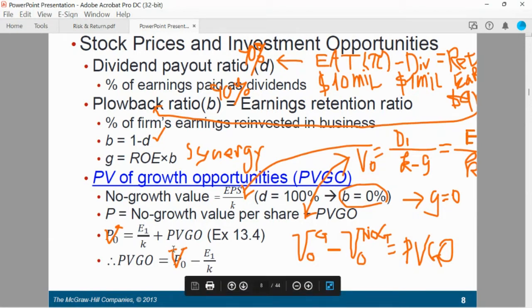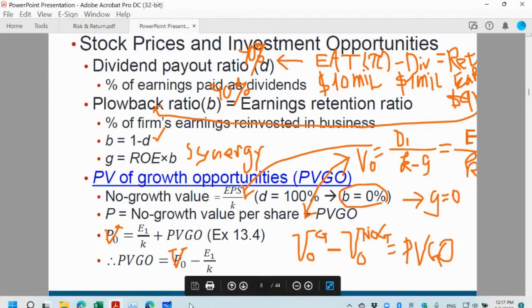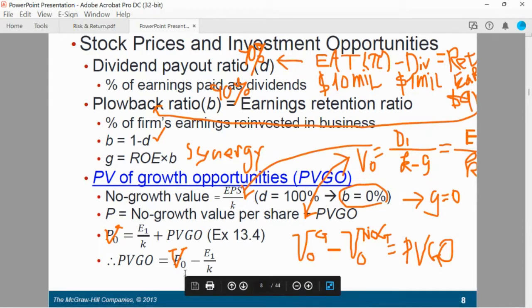If they pay out all the earnings per share as dividend, then the present value of growth opportunity will be 0, because no growth value. In other words, dividend payout ratio is 100%, plowback ratio is 0, then growth rate is 0.